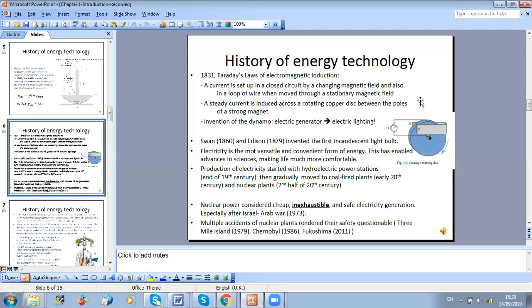What do we mean by this? If you have a circuit and a coil, and you circulate current, this current will lead to the formation of a magnetic field around the coil.